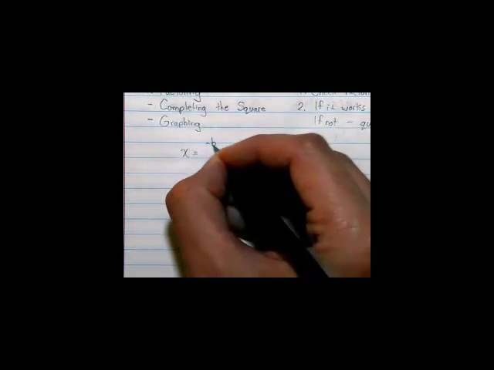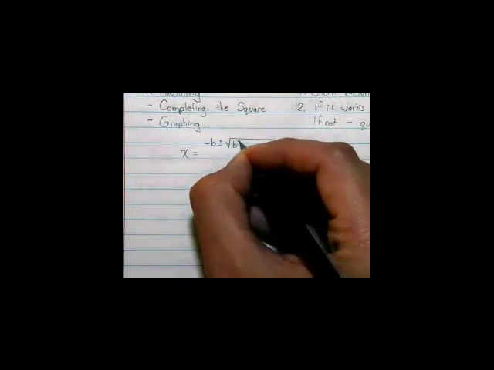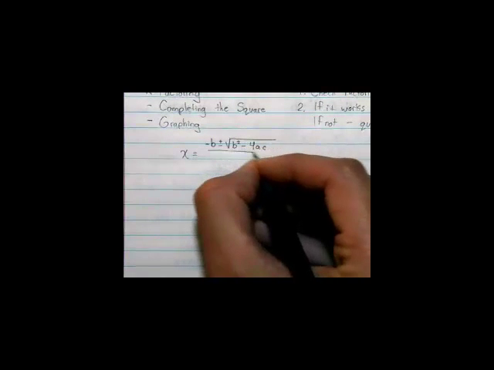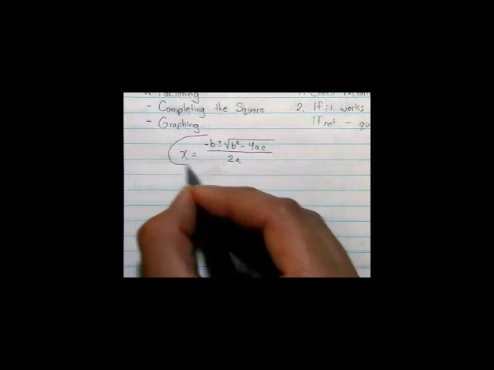So negative b plus or minus the square root of b squared minus 4ac all divided by 2a. If you don't have that memorized yet, you should. I think by the time we get to our first quiz, we'll have used this thing so much that you probably will just have it memorized anyway.